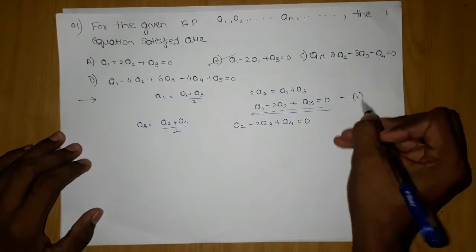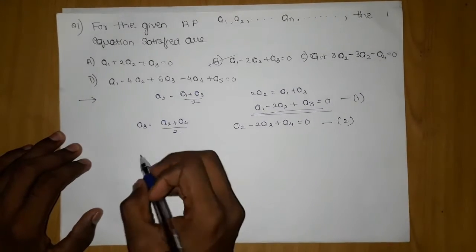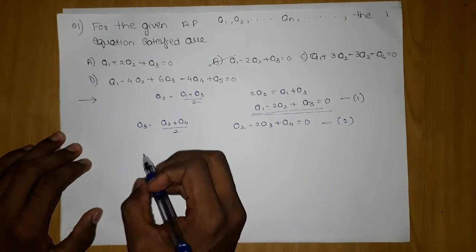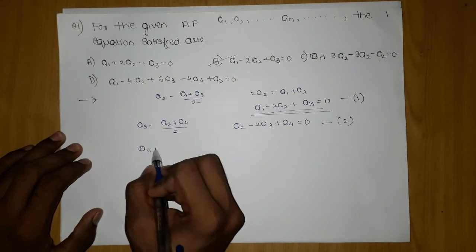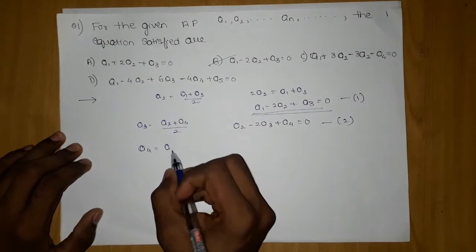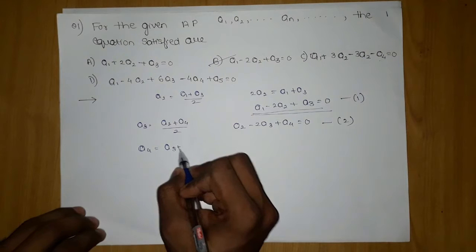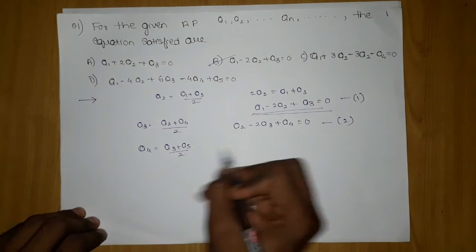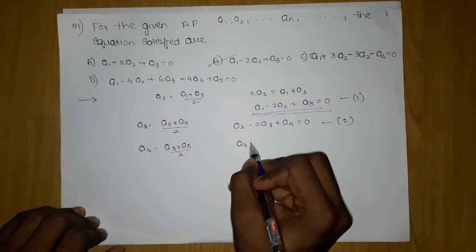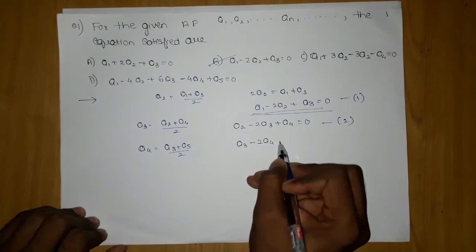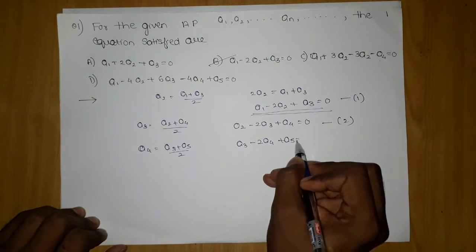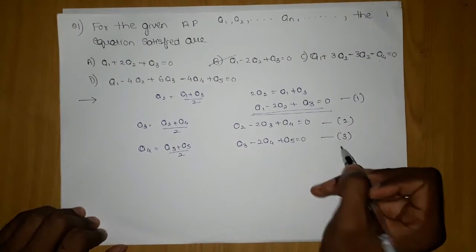If I say this is my first equation, this is my second equation, similarly I want to involve A5. So how can I involve it? Using A4 equals A3 plus A5 by 2, which will give me A3 minus 2A4 plus A5 should be equal to 0. This is my third equation.